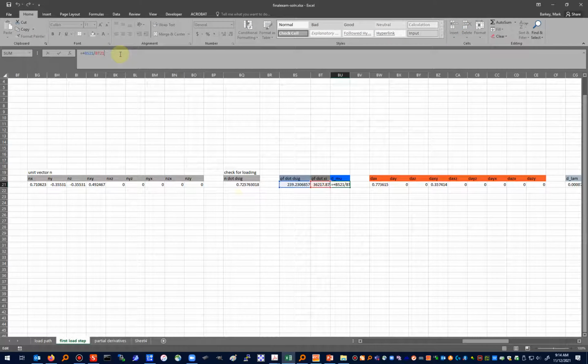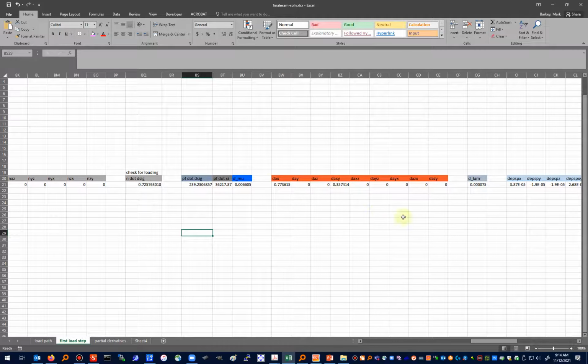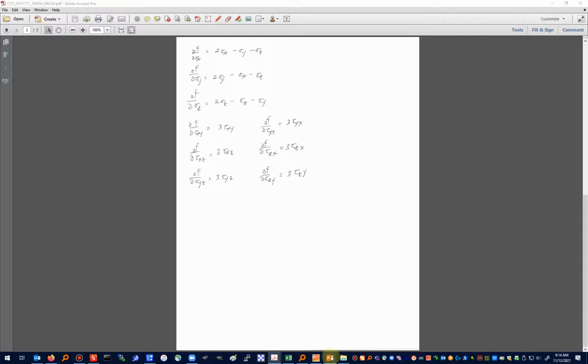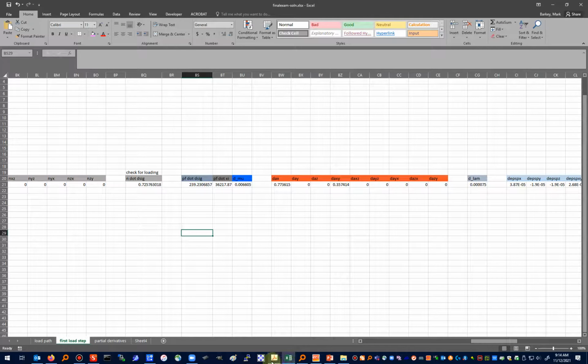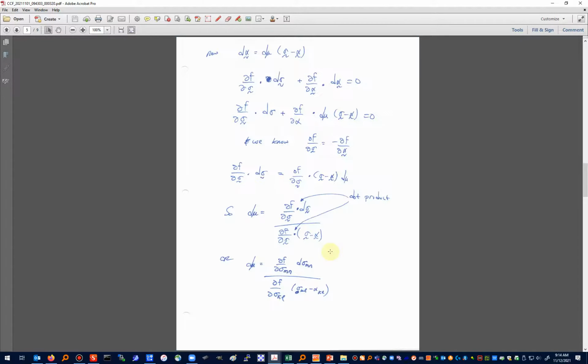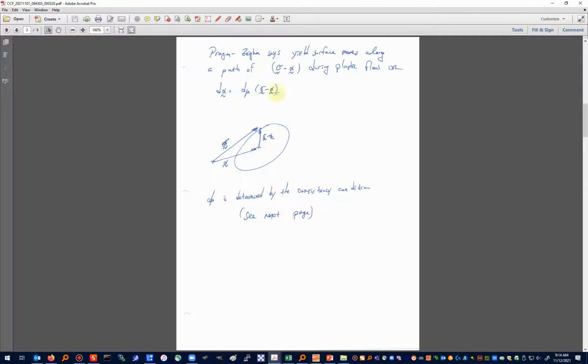And so that d mu is the ratio of those two. From that, I can calculate my d alpha. Again, if we go back to our page here, the d alpha is d mu times xi.